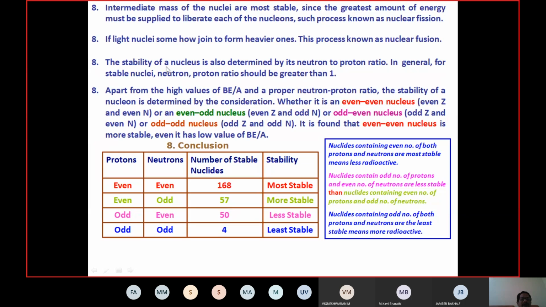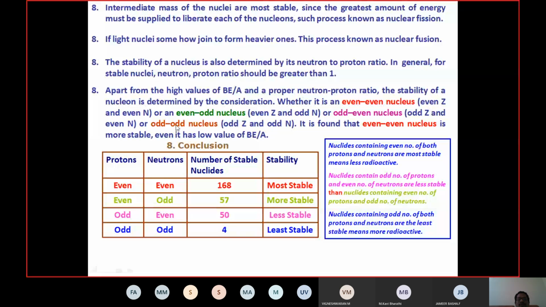Apart from a higher binding energy per nucleon and a proper neutron-proton ratio, stability is determined by whether it is an even-even nucleus, that is, even number of protons and even number of neutrons; an even-odd nucleus, with even protons and odd neutrons; an odd-even nucleus, with odd protons and even neutrons; or an odd-odd nucleus, with odd protons and odd neutrons.